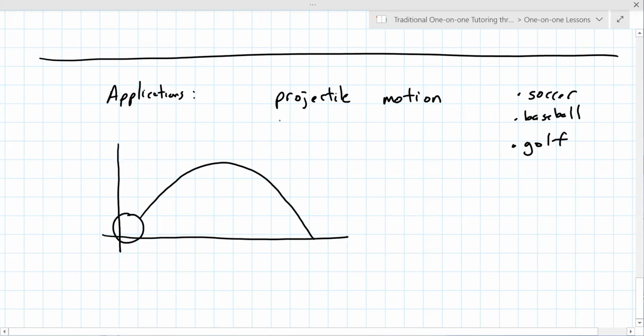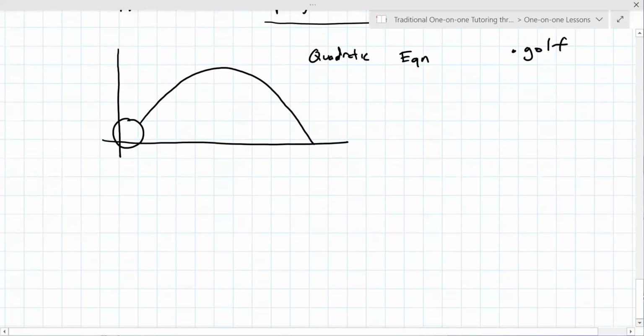Okay, so projectile motion, which occurs in a lot of sports, is a quadratic equation, or it can be approximated by a quadratic equation. For example, a scenario is like you just said, you drop kick a ball, maybe at knee height.